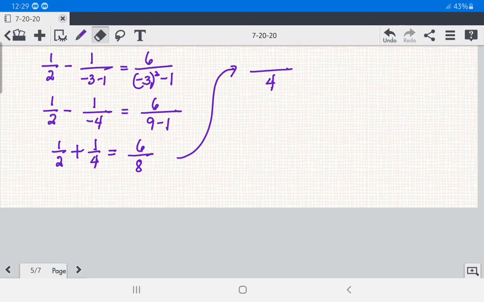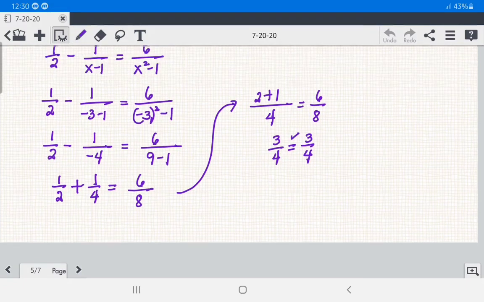Times 1, we have 2. Then, plus 4 divided by 4, 1 times 1, we have 1. Then, equals to 6 over 8. Now, 2 plus 1, we have 3 over 4. Then, lowest term of this is 3/4 also. So, see, they are equal.